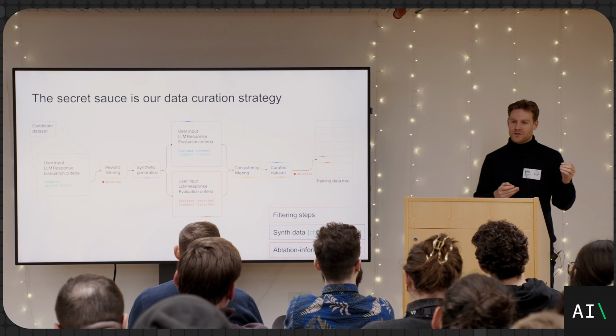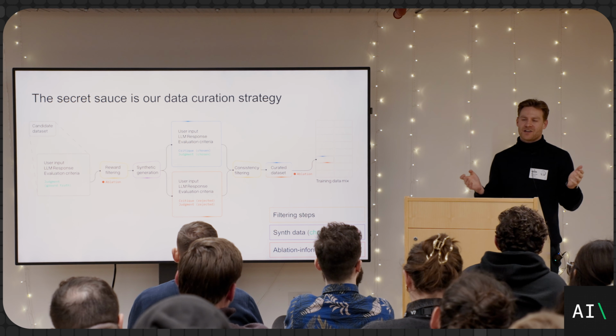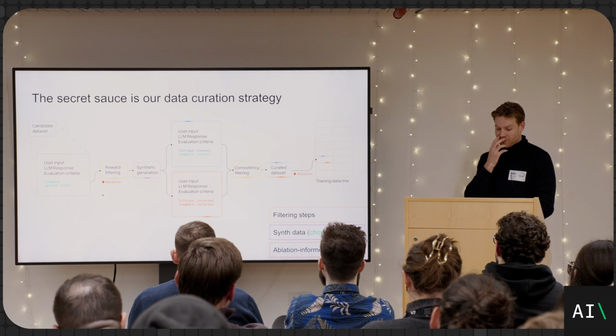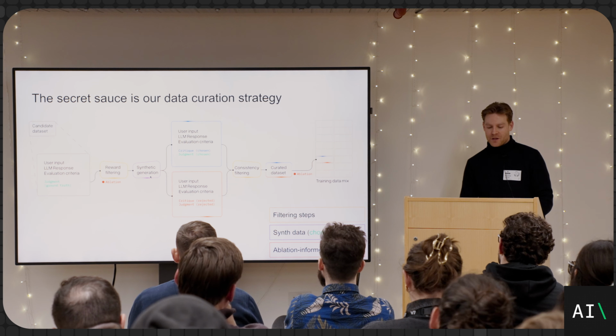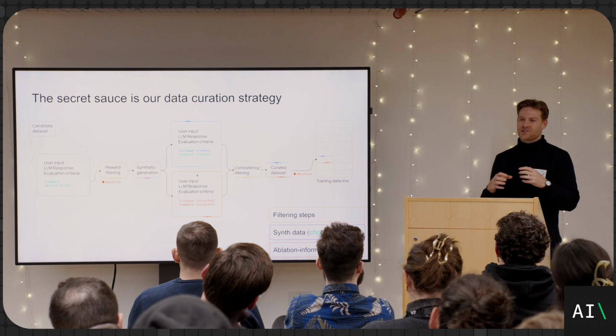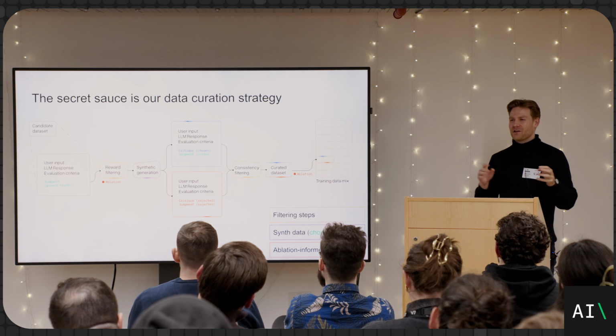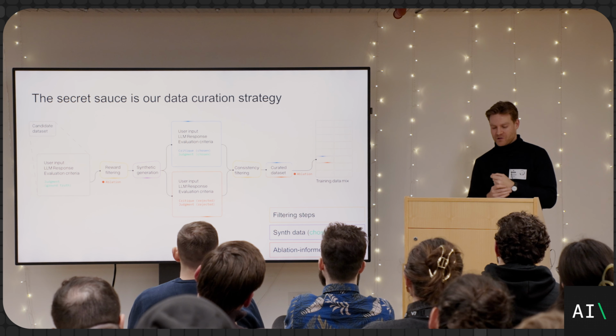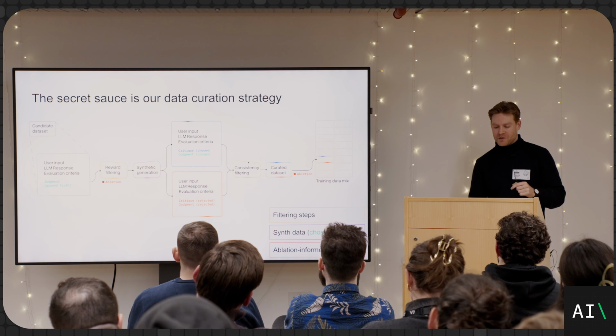Then we filter first to make sure that the labels are actually any good. This is the reward filtering we do. Then we synthetically augment them with these critiques. We essentially rationalize the scores for the model so that it learns what a good score and a bad score looks like. Then we do a bit of consistency filtering.